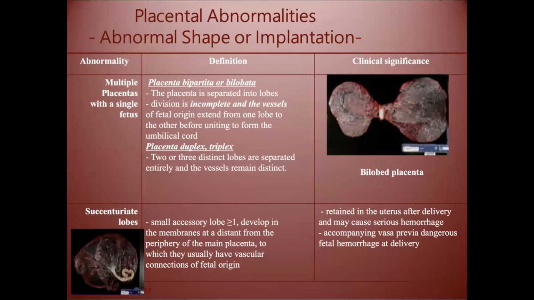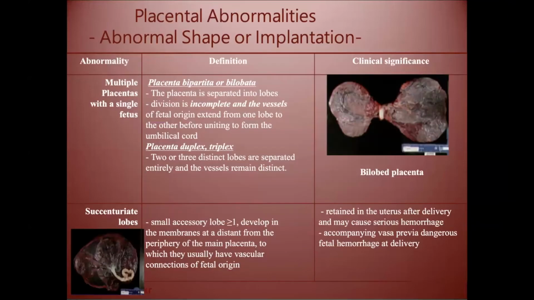The clinical significance of succenturiate lobes is that they may be retained in the uterus after delivery and may cause serious hemorrhage. Accompanying vasa previa is dangerous fetal hemorrhage at delivery. You can see here in the picture a succenturiate lobe placenta.